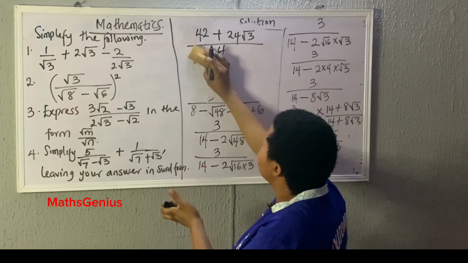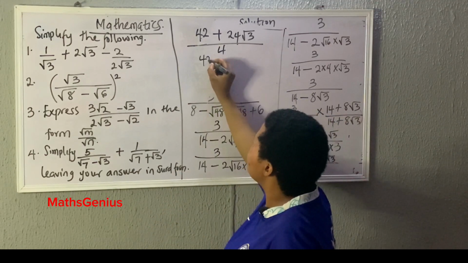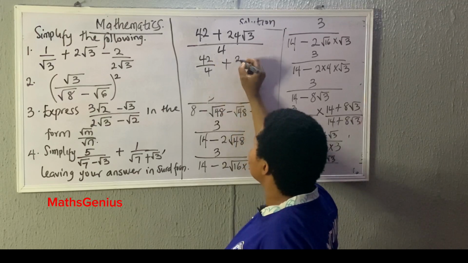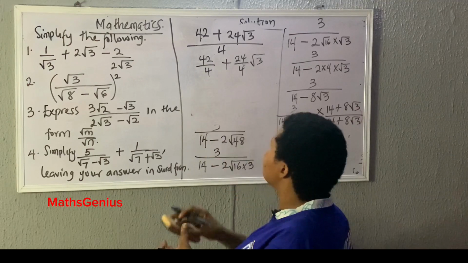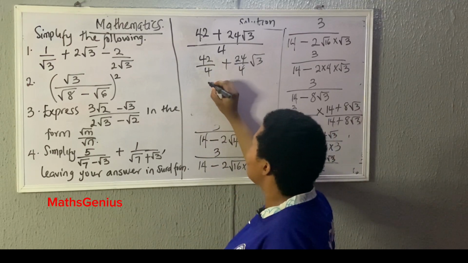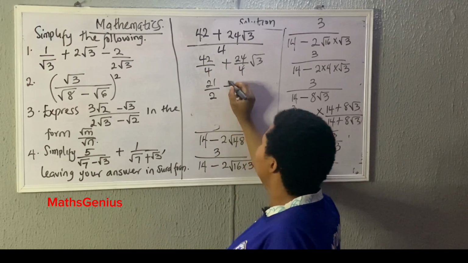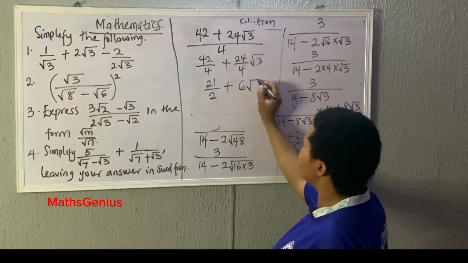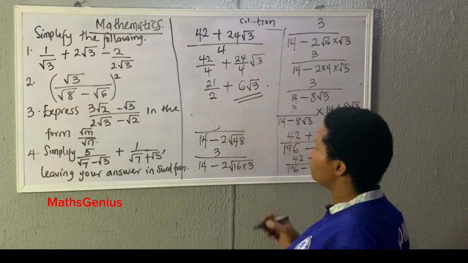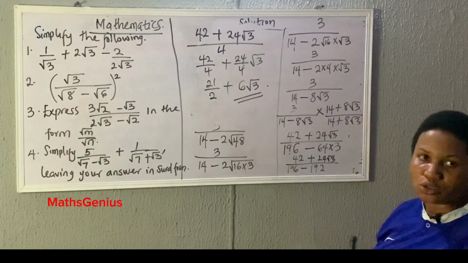Or better still, let's do it this way: 42 over 4 plus 24 over 4 root 3. That will give us 21 over 2, plus 4 in 24 will give us 6 root 3. And this is our final answer to the question.